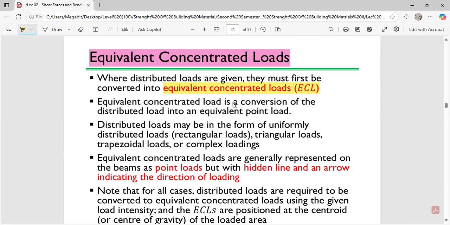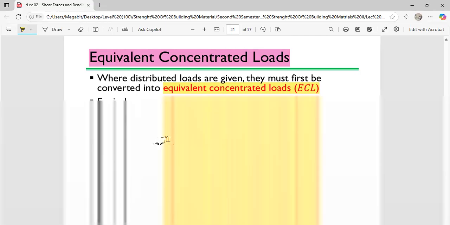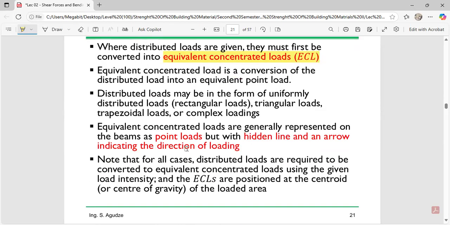Equivalent concentrated load is a conversion of the distributed load into an equivalent concentrated point load. Distributed load may be in the form of uniform loads, that is rectangular load, or triangular load, trapezoidal load, or complex loading.